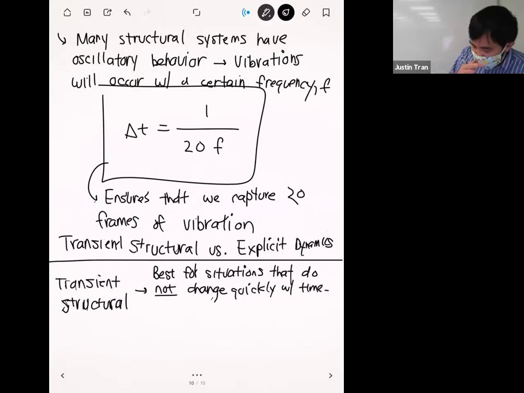Okay. Because the thing with transient structural is that on a per time step basis, per time step that it solves for, transient structural is going to be more expensive.